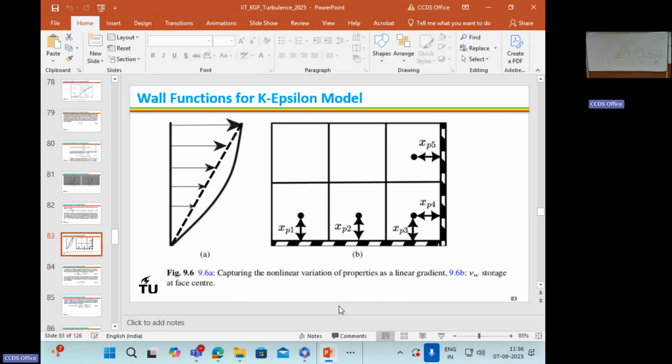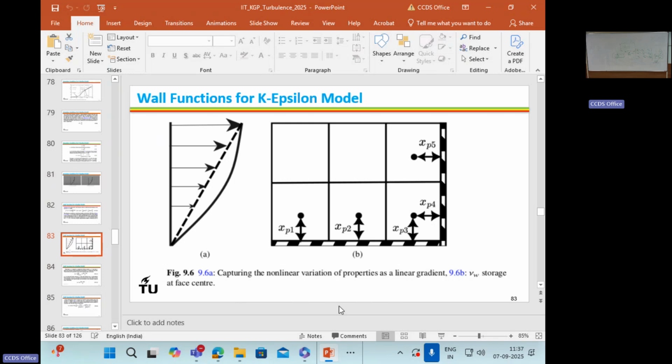This distance may be different from this distance, right? But if we set the turbulent eddy viscosity to calculate the tau omega at this center, it will give the same value, which is used to calculate wall shear at this point, and that is incorrect. So instead of saving the eddy viscosity at this point, the eddy viscosity is set for each particular phase center, where the distance from the cell center is unique.